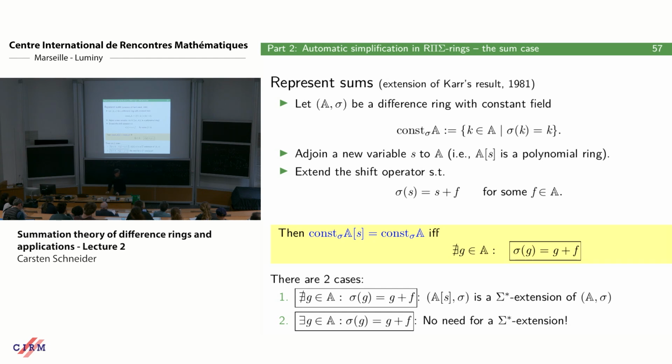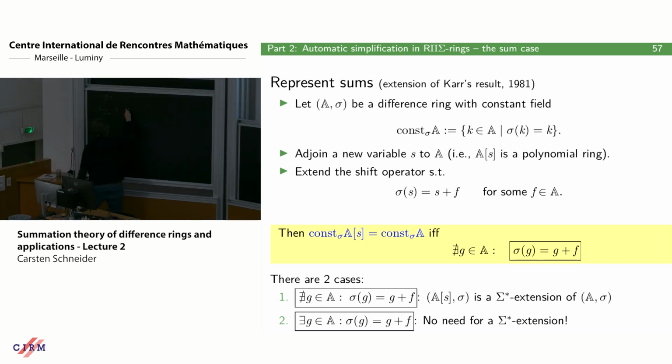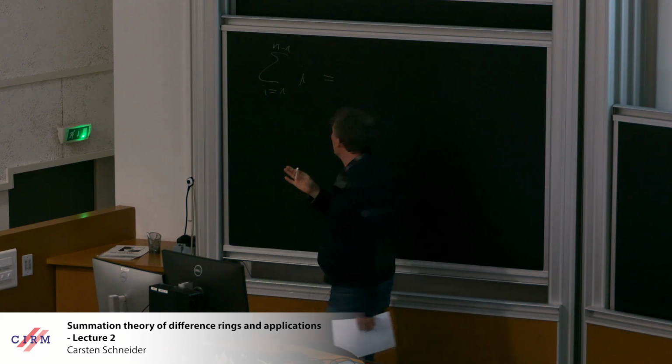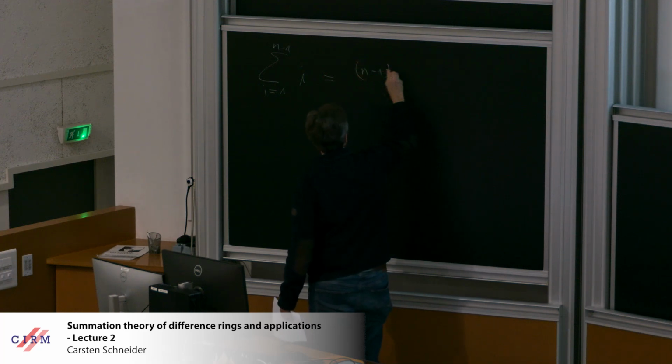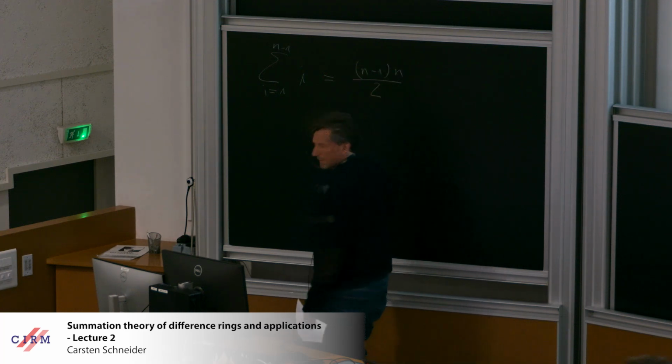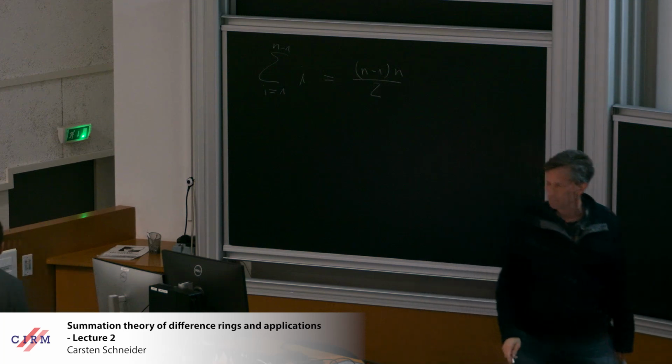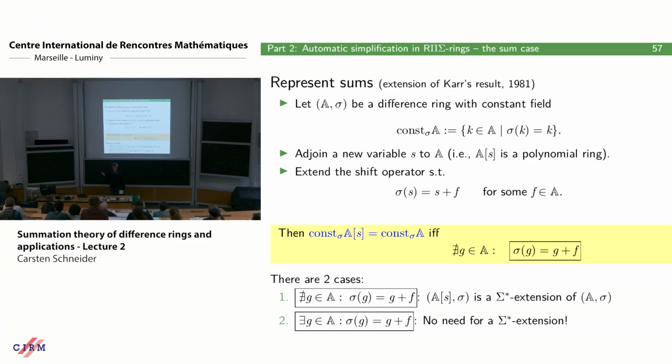So let me show you an example, and it's almost embarrassing, but I show it to you. It comes from any identity that you have. For instance, look at the Gauss sum. You all know the Gauss sum.